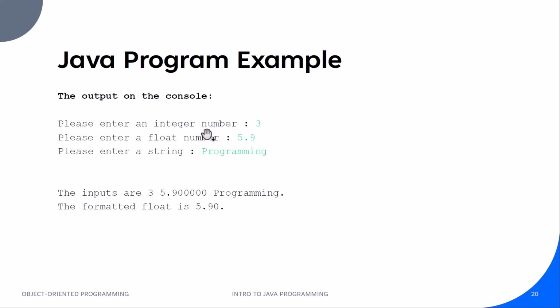Please enter an integer number. I use 3. And then please enter a float number. I use 5.9. Then in the console I'll see please enter a string. I inputted programming, and the outputs are as follows.